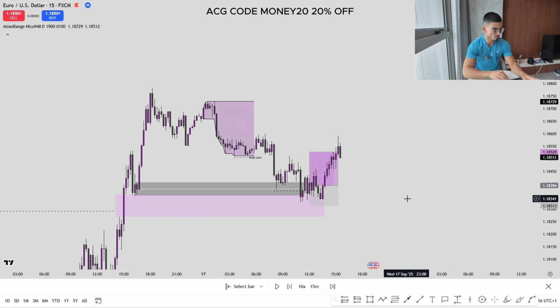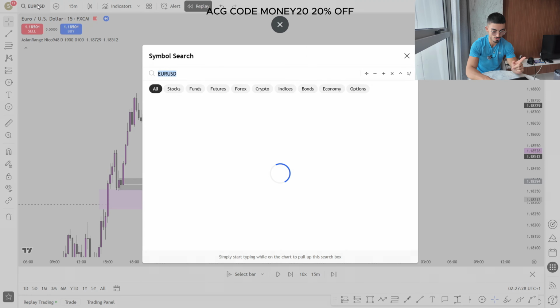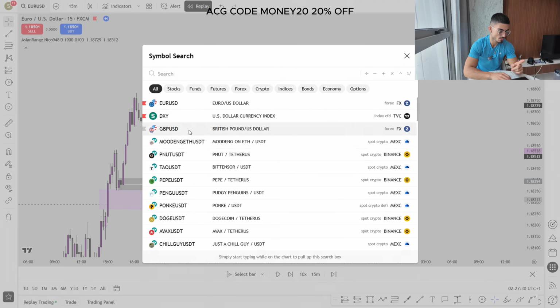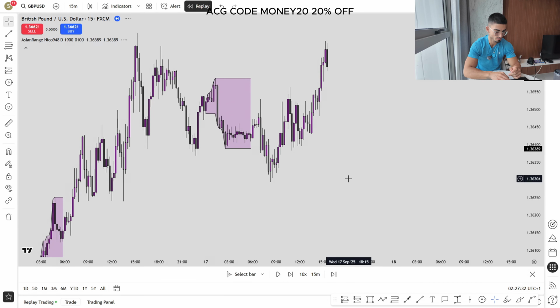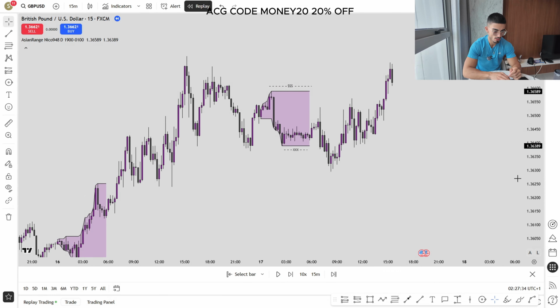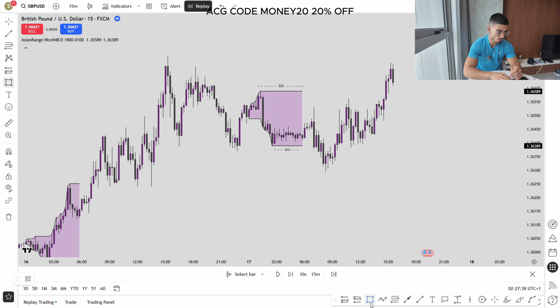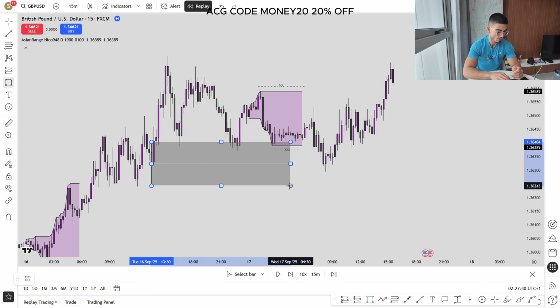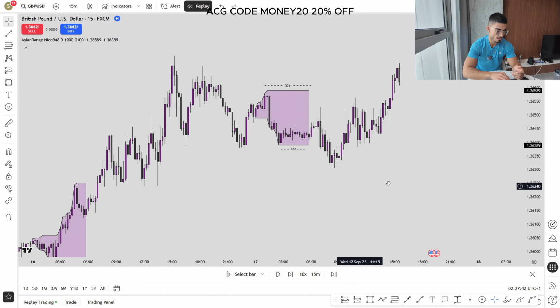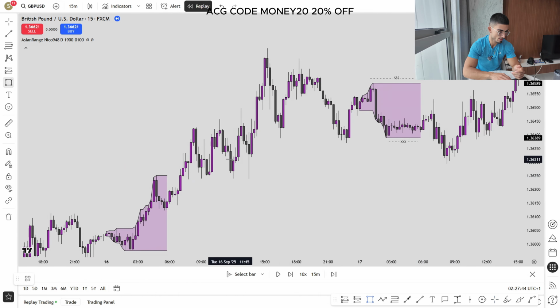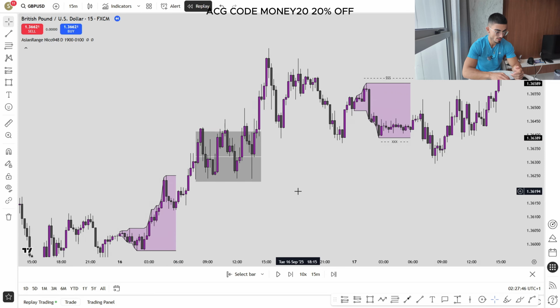And also, I forgot to mention, the reason I was trading EU and not GU is because on EU, the demand zone was much nicer, okay? On GU, it actually did go up straight away, and you could have traded on GU as well, to be fair. But the demand area here was really quite big, and I didn't like how choppy this was looking here, okay? There was a lot of liquidity resting below this consolidation area here.